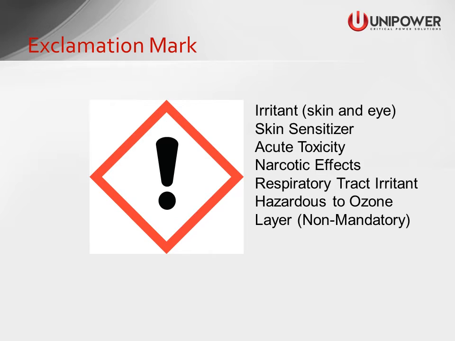The exclamation symbol indicates that the chemical is an irritant to the skin and eyes, is a skin sensitizer, has acute toxicity, has narcotic effects, is an irritant to respiratory tract, and is hazardous to the ozone layer.